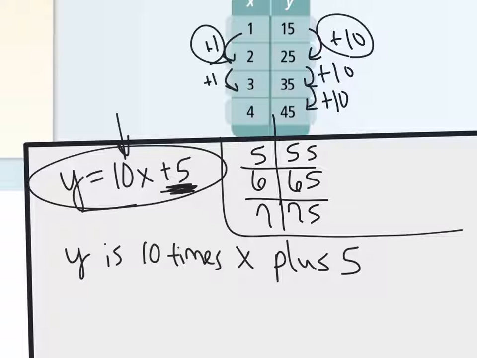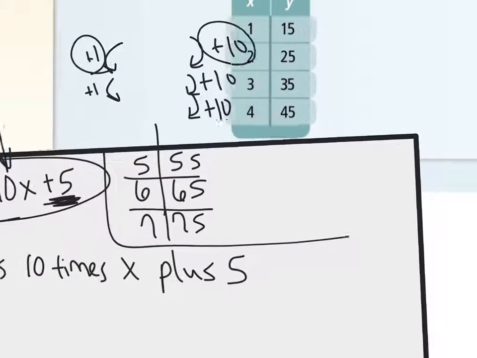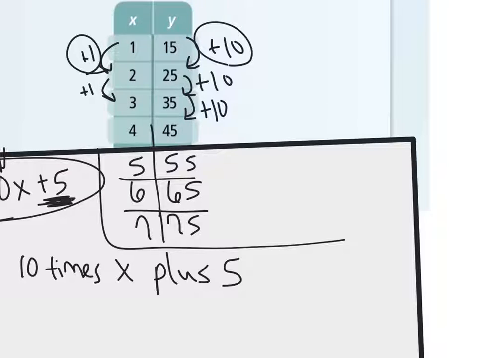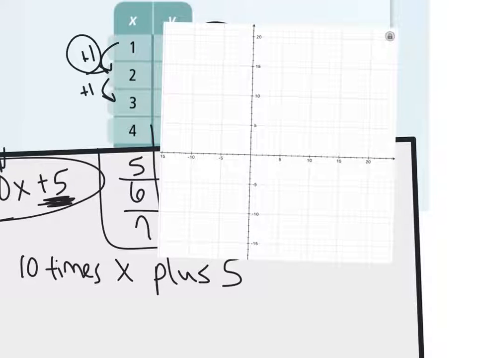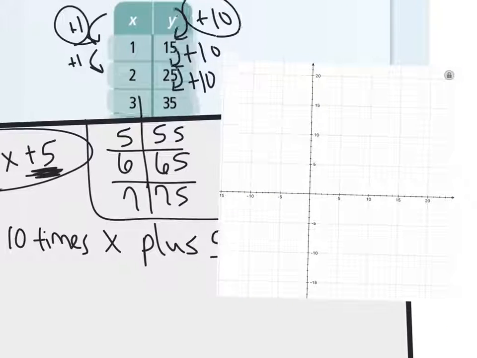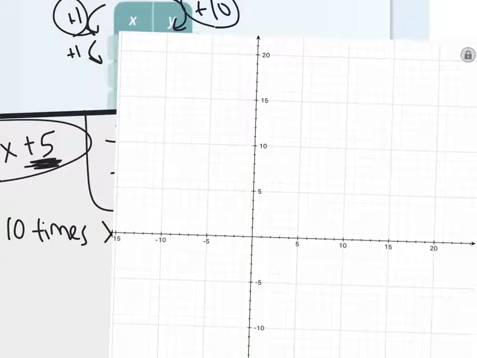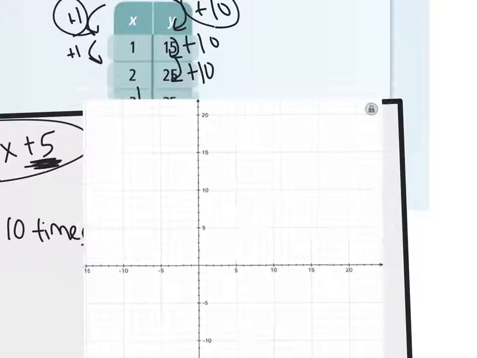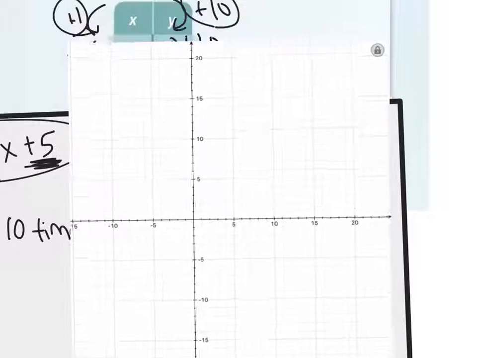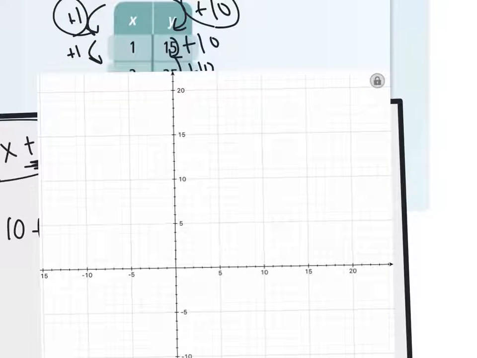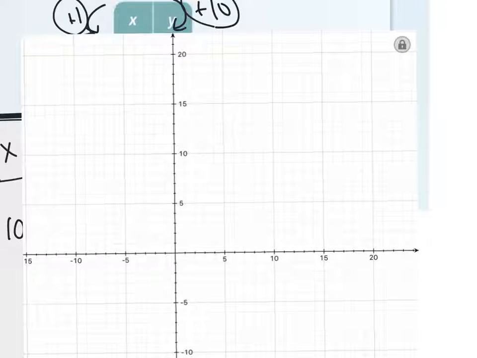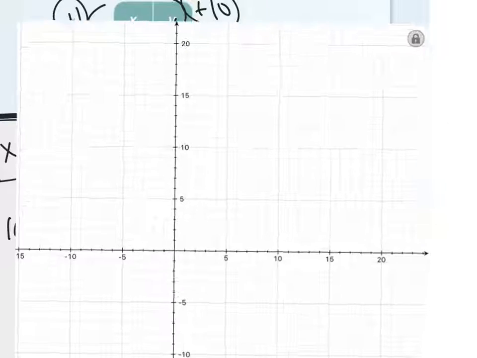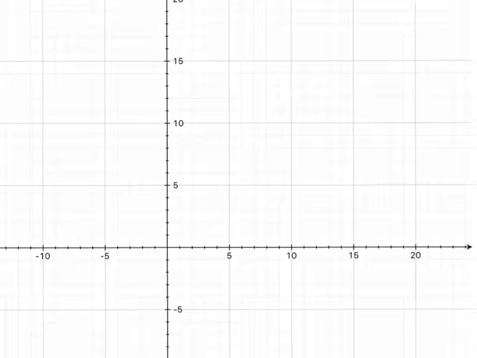We need to still do a graph though. So at this point we can make a graph. So we just graph some of these points here. We got like a 1, 15. Probably we're going to go by different numbers than what this graph's going by. So if we want to just go by 5s here.